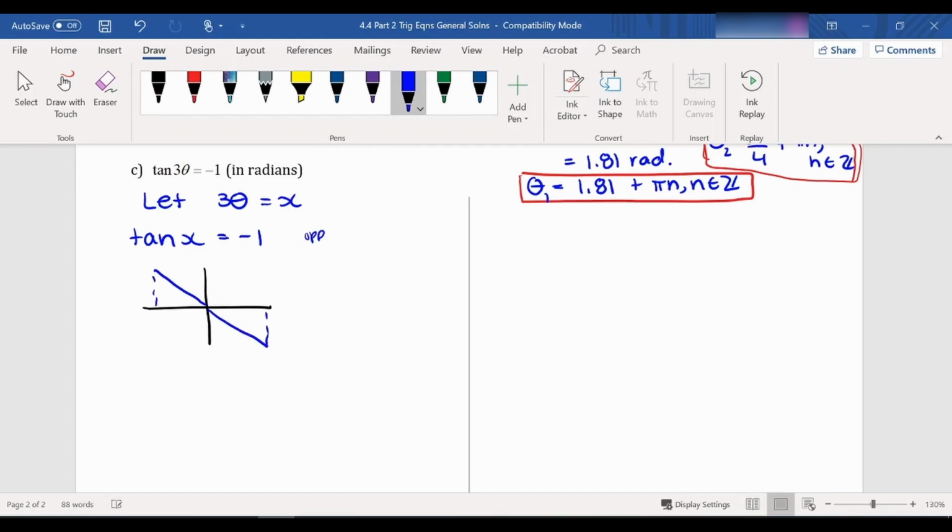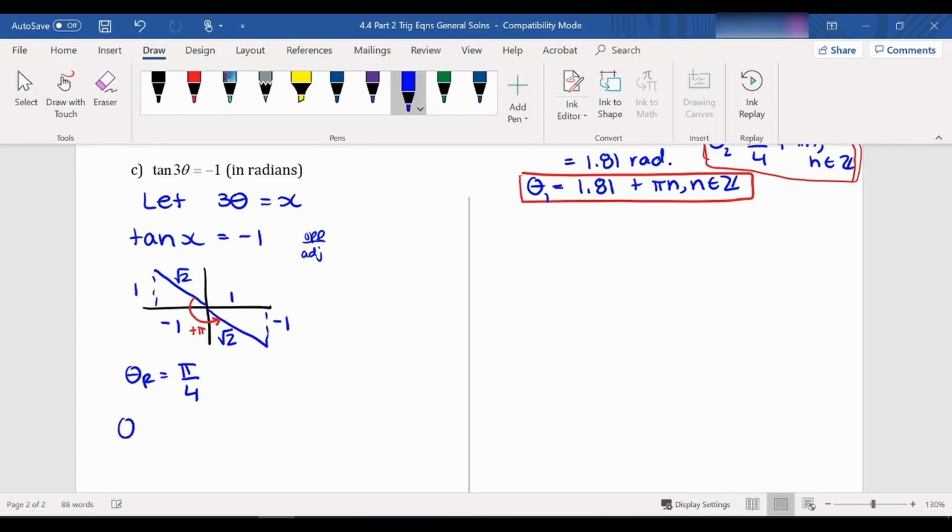Tangent is opposite over adjacent, which means they must both be the same number or both be 1. And our hypotenuse, therefore, would be √2. Our reference angle would be pi over 4. Now, again, with tangent, our period is pi, so I don't need both of these. To get from one to the other, I would simply add pi.